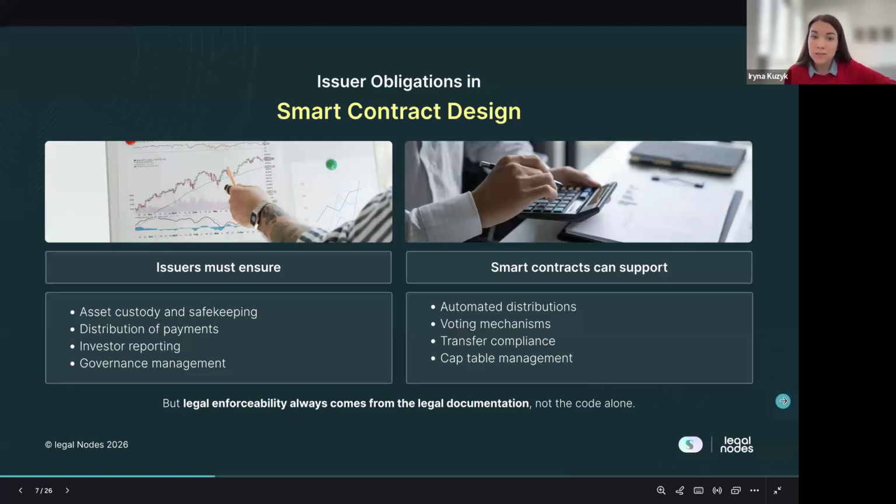So smart contracts can support these processes by automating distributions or enabling certain governance logic, maintaining ownership records, etc. Important to remember that the smart contract is not the legal agreement itself. It is an implementation tool. The legal documentation remains the foundation that defines investor rights.